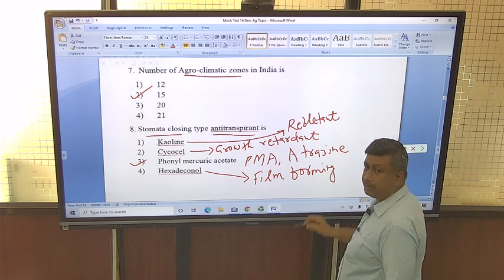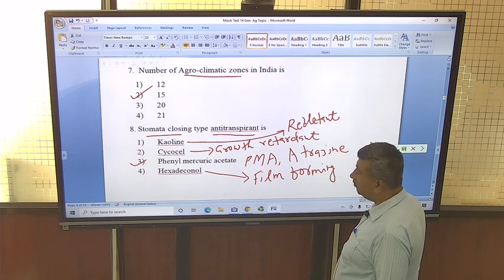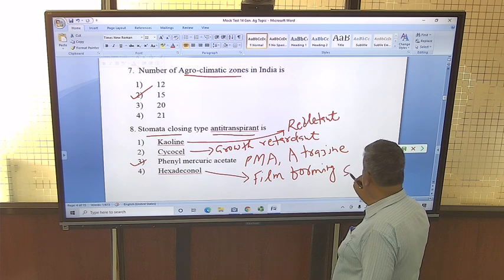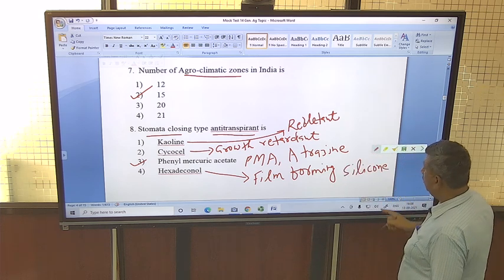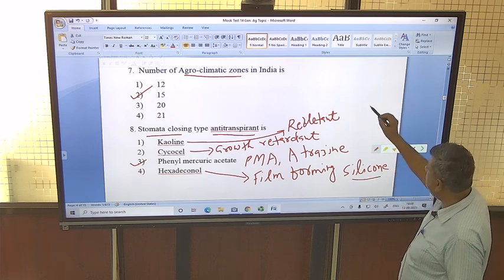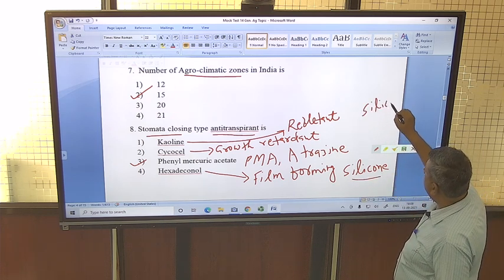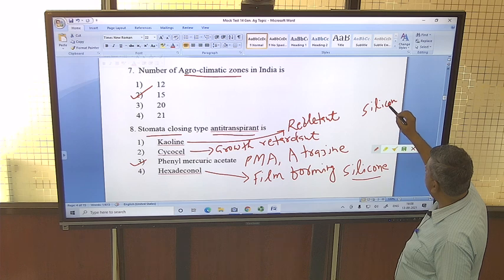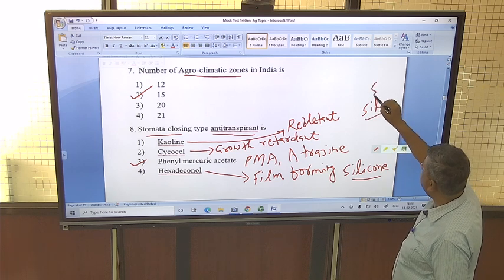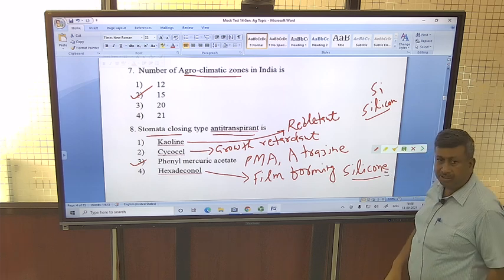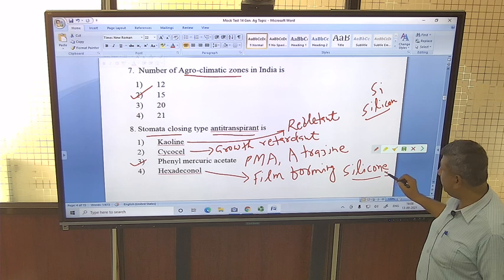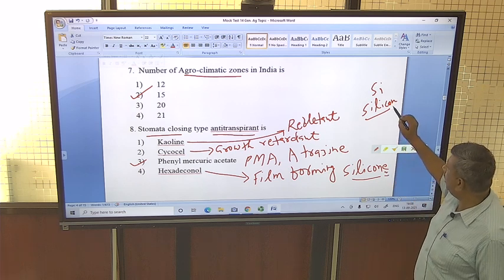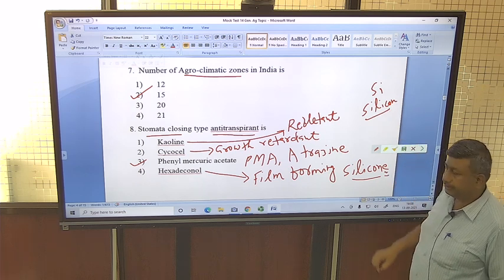So there are different types of anti-transparents, and another film forming type that is commonly used is silicone. So this is silicone, this is not silicon. Remember and look carefully, it is silicon, the element silicon. Silicone is a synthetic, rubber-like material, while silicon is an element.